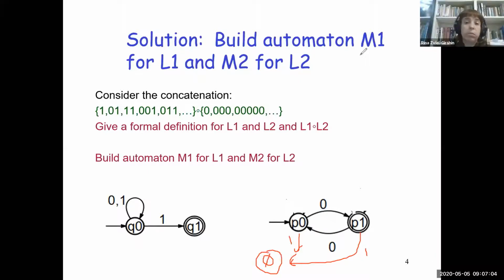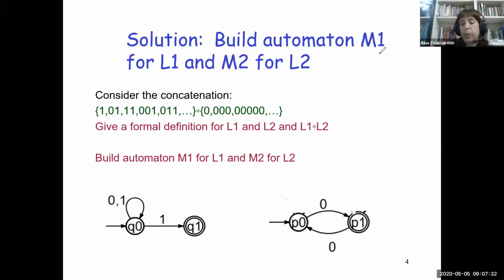If you have missing transitions, it goes to the trap state. That's what we did during the last practical exercises. We were asked to build a DFA, and then we were asked to build an NFA. And what I did in the transition from DFA to NFA was that I just deleted the trap state.